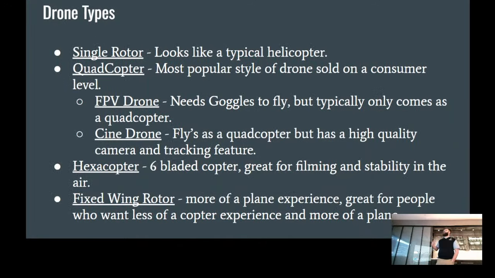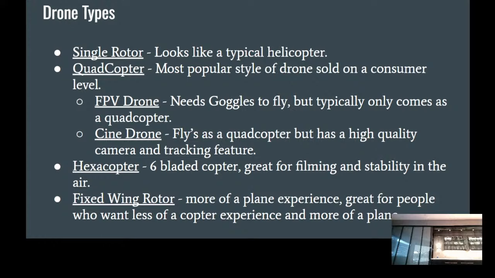There's some different drone types out there that I think we should talk about so that we are educated on this. Single rotors, they're going to look like a typical helicopter. Your quadcopter, though, is the most popular style of drones sold on the consumer level. These are the drones that we're talking about today. Within that category, there's FPV drones, which need goggles to fly, but typically only come as a quadcopter.